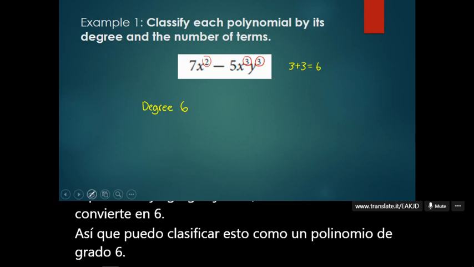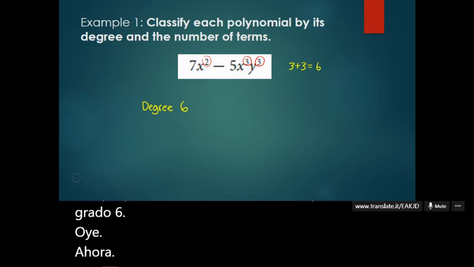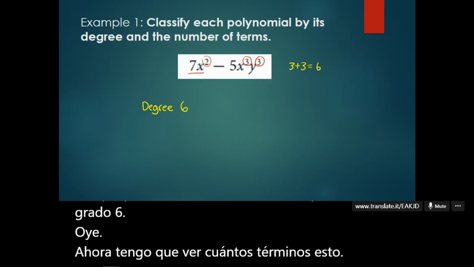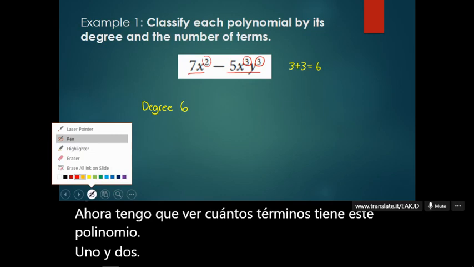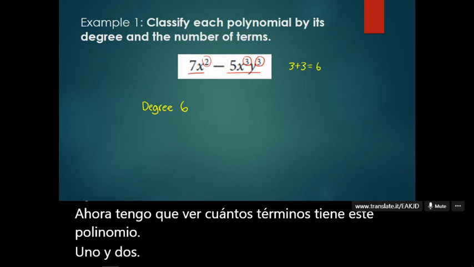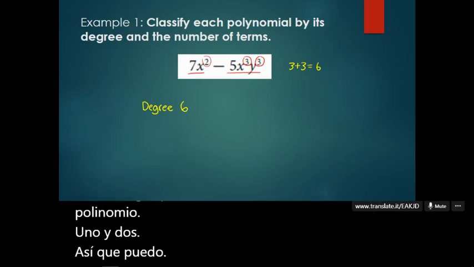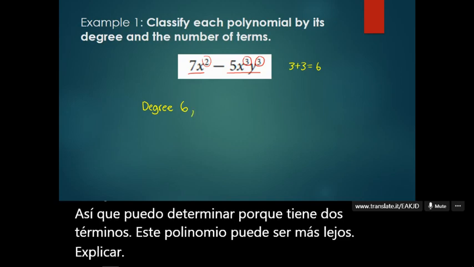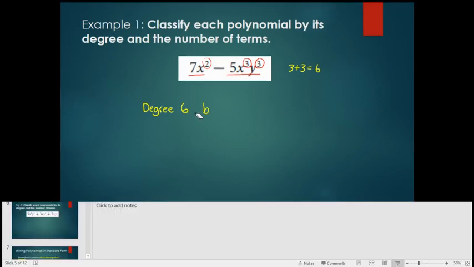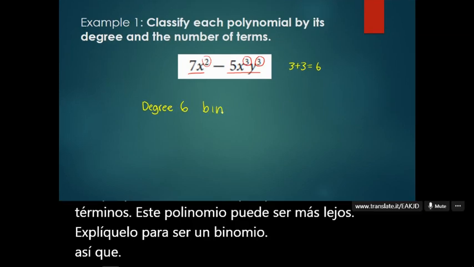Okay. Now I have to look to see how many terms this polynomial has. 1 and 2. So because it has 2 terms, this polynomial can be further explained to be a binomial. So it's a degree 6 binomial.